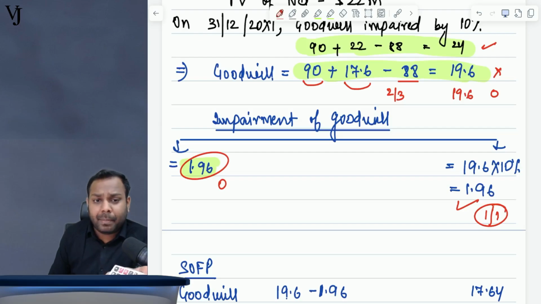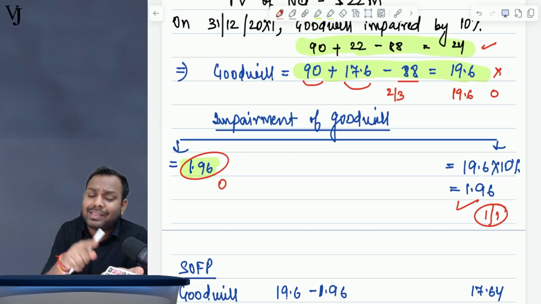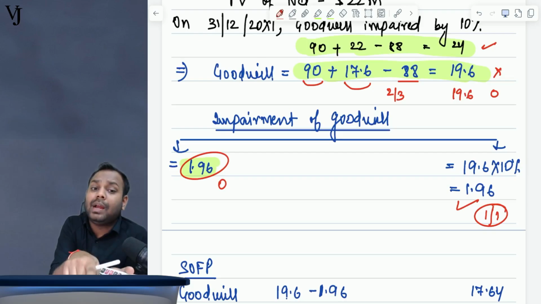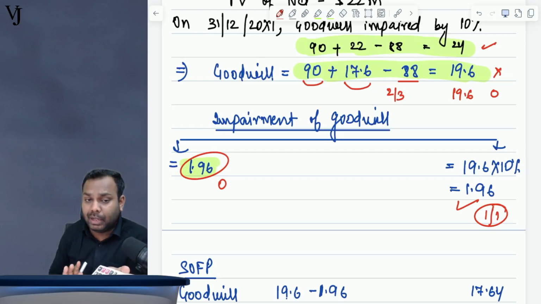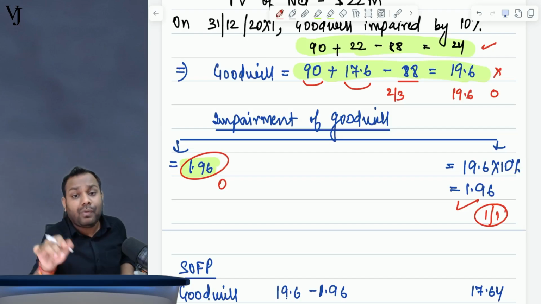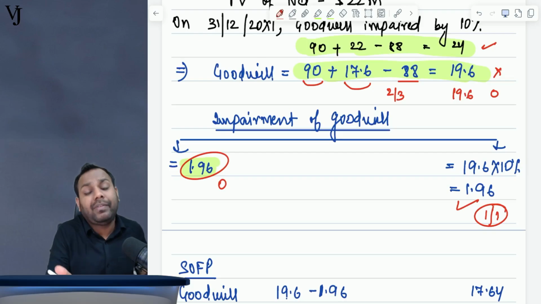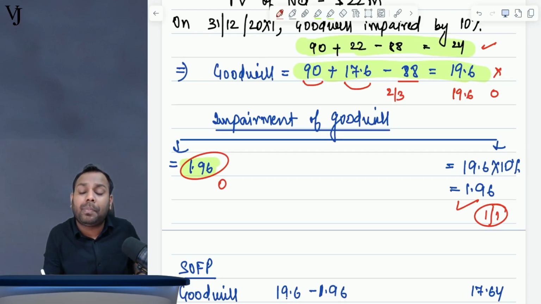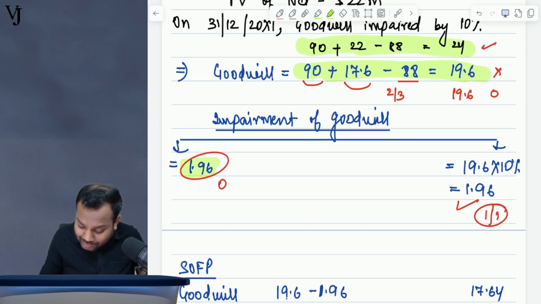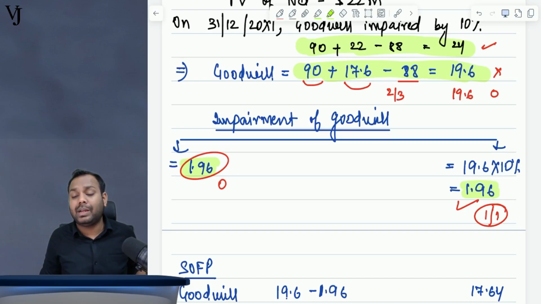Now, the impairment of goodwill he has calculated correctly on the basis of wrong goodwill. So his knowledge of impairment of goodwill is correct. So let's give him full marks for that. Even though this answer is wrong, still you are getting full marks for the same. The simple reason here is you have given this working.